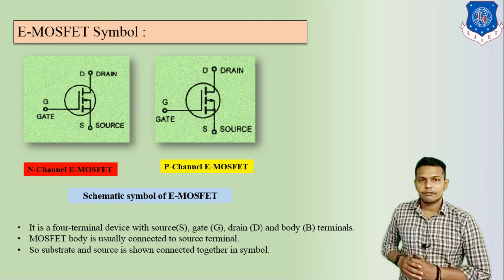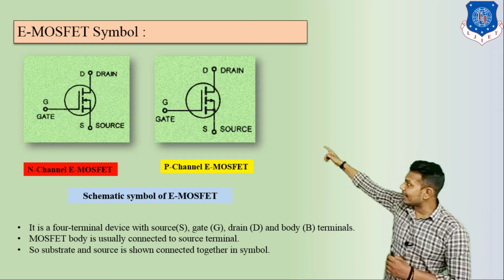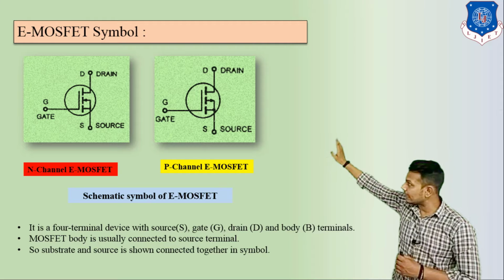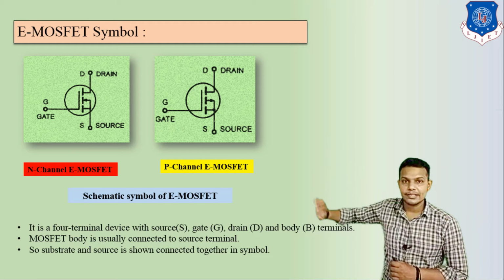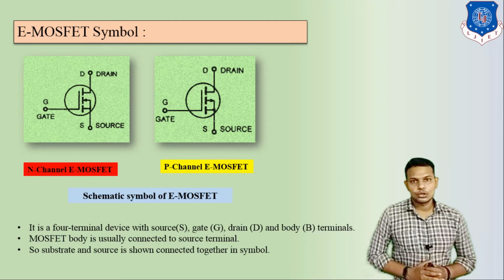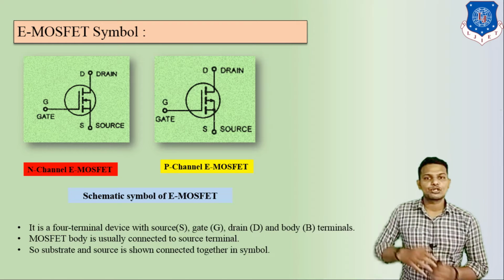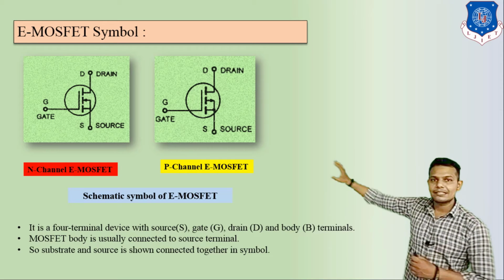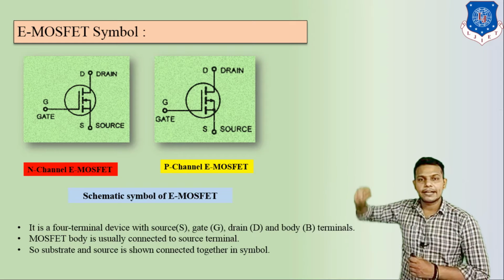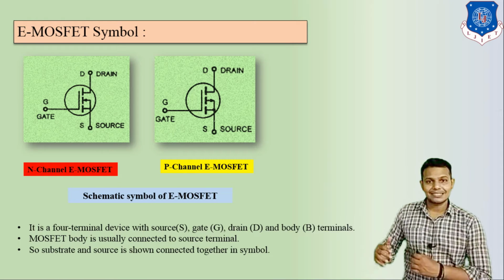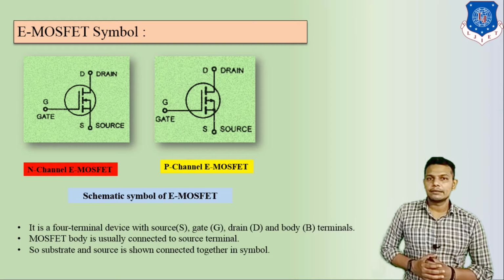In D-MOSFET we have seen that the line in the symbol, in the circle, is straight, whereas in E-MOSFET it is a dashed line. Here this line represents that there is no channel present in the construction. So this is the difference between D and E-MOSFET.